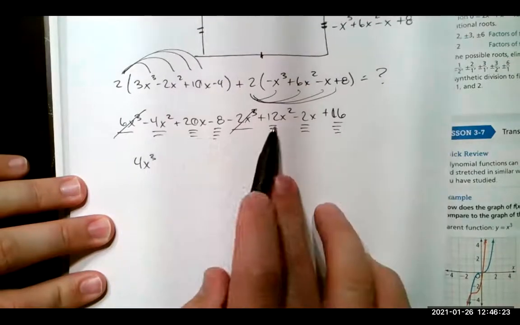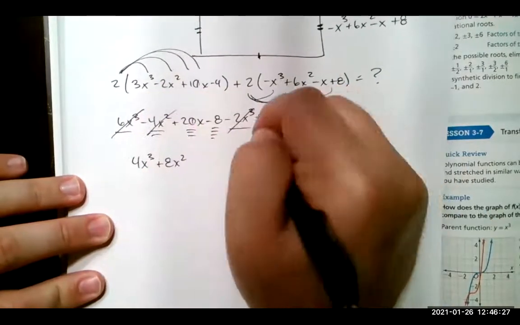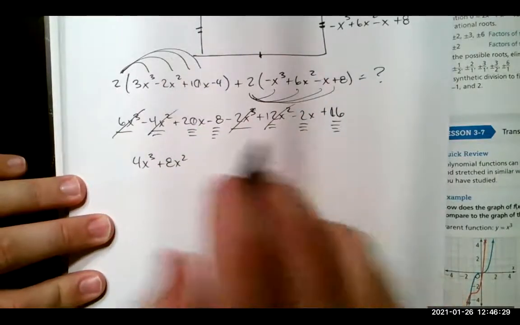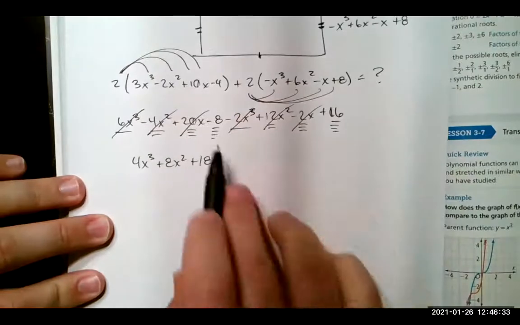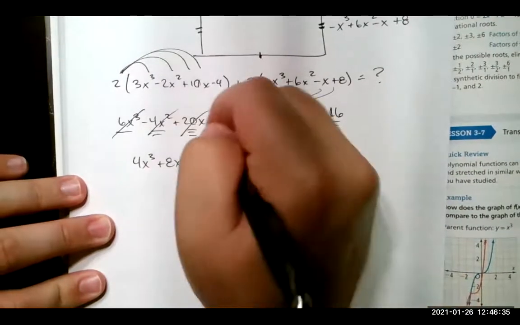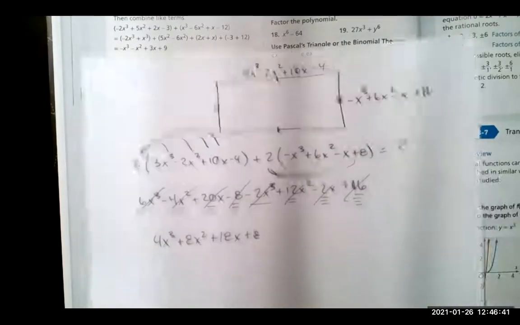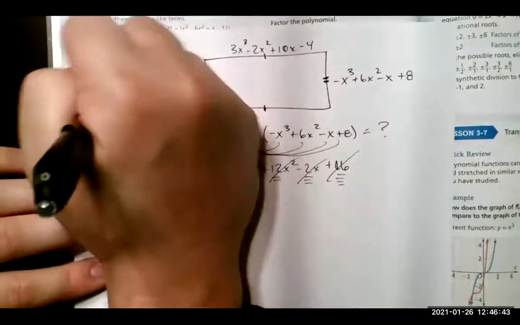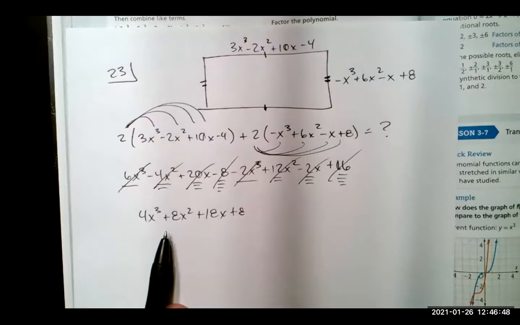Negative 4x squared plus 12x squared, so that's 8x squared. 20x minus 2x is 18x. And then negative 8 plus 16 is positive 8. So the answer to number 23, the perimeter is 4x cubed plus 8x squared plus 18x plus 8.